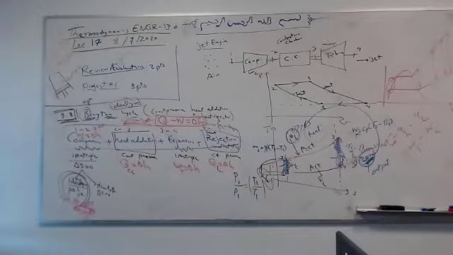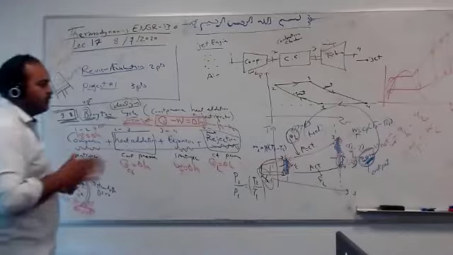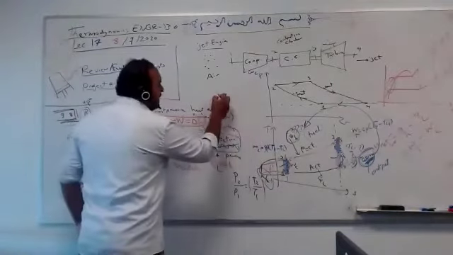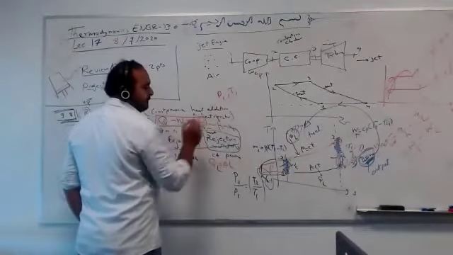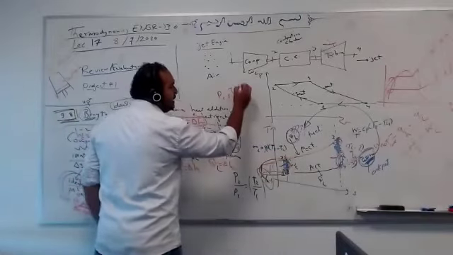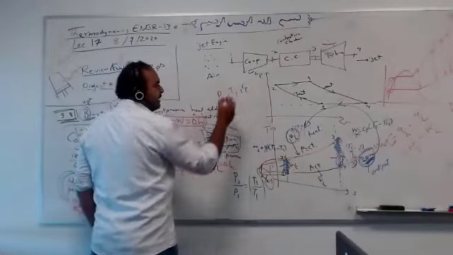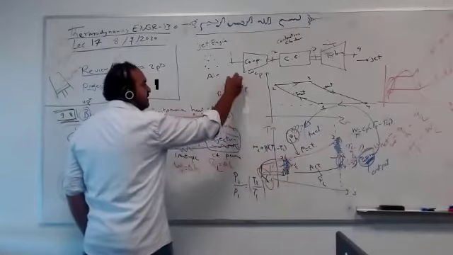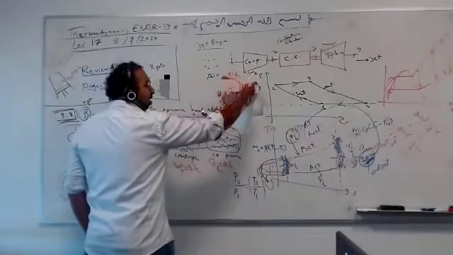Again, because there are 4 processes, we need 4 inputs, just 4. For example, I give you P1, T1, the pressure ratio P2 over P1, which is RP, and, for example, T3. We'll discuss this later.